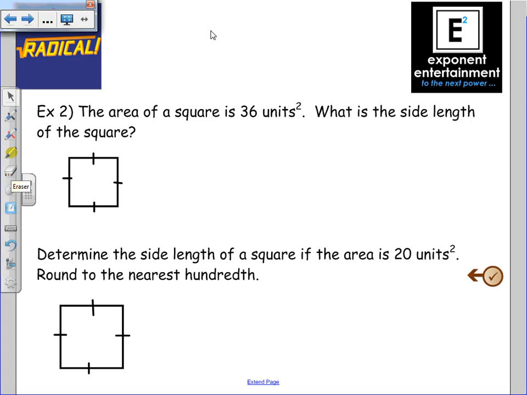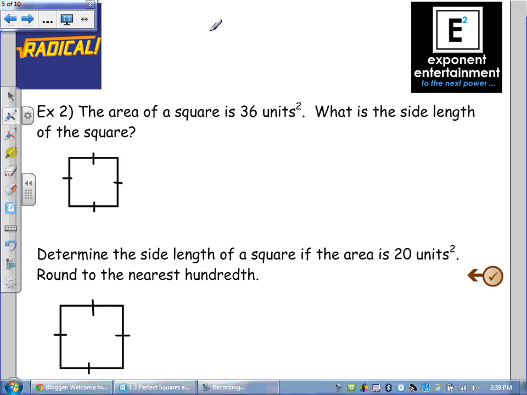Okay. So when it says the area of a square is 36 units, and it asks what's the side length of the square, how do you find it? You take the square root. Why do you take the square root? Because it's a square. Because area is equal to the side lengths times each other, right? But in a square, they're the same.